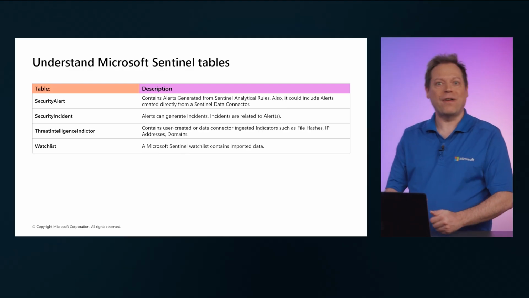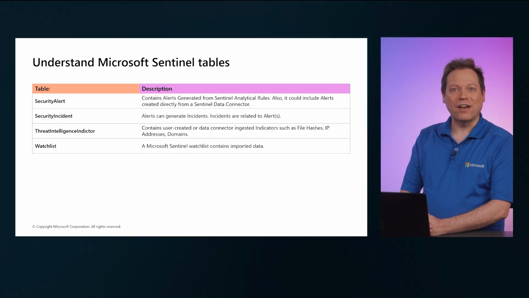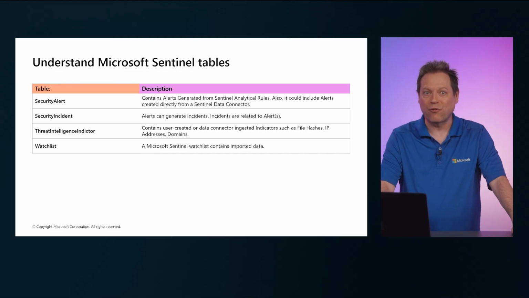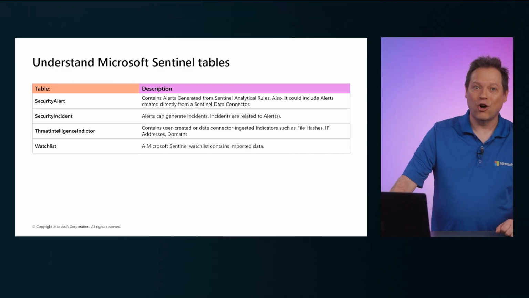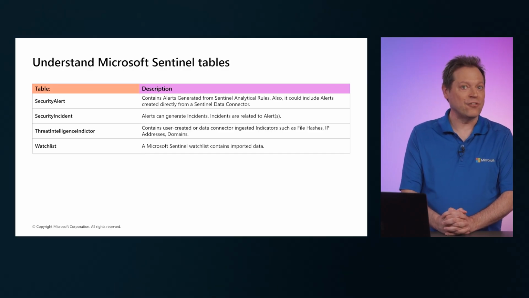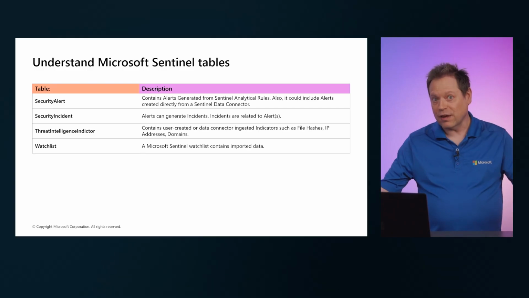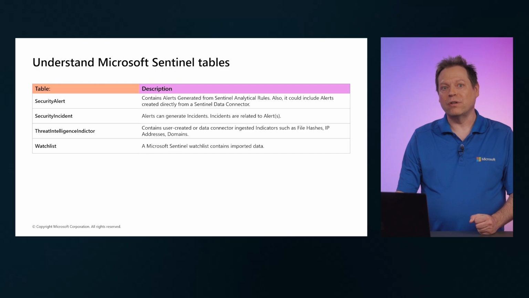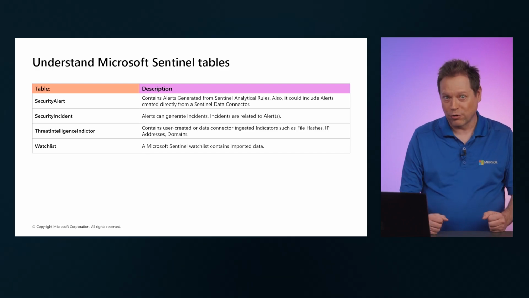To query effectively, you'll need to recognize a few core Sentinel tables. The SecurityAlert table contains alerts generated from Sentinel analytic rules, and it can also include alerts created directly from a Sentinel data connector. The SecurityIncident table is where alerts can be grouped into incidents, so incidents are related to one or more alerts.